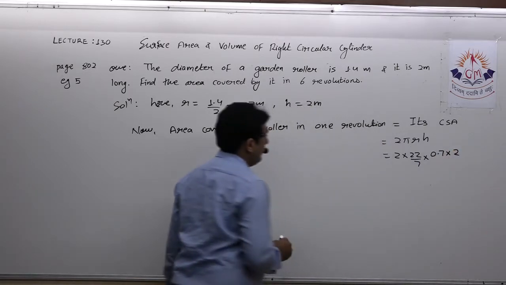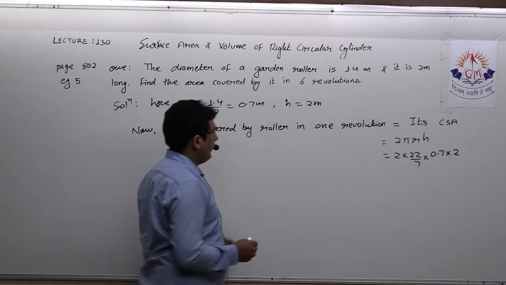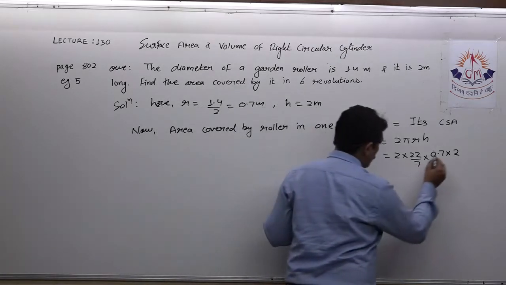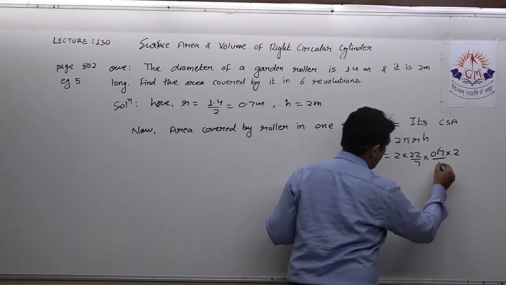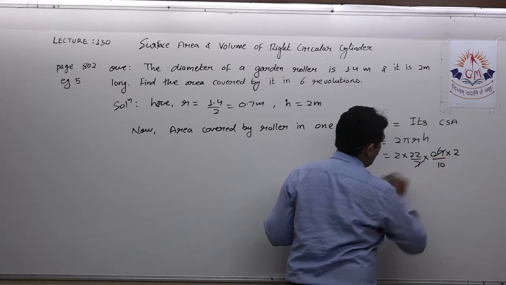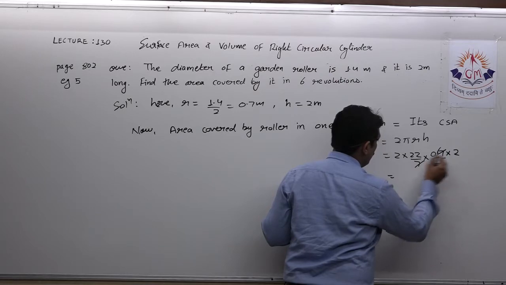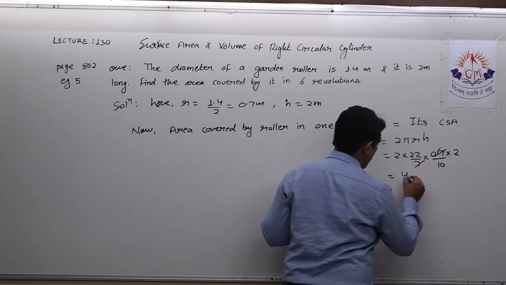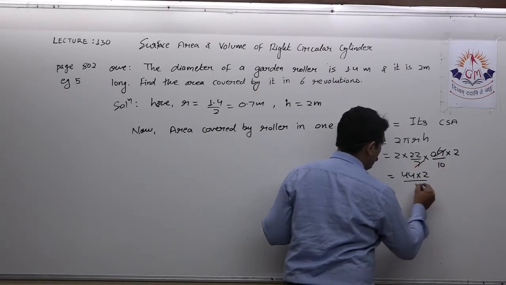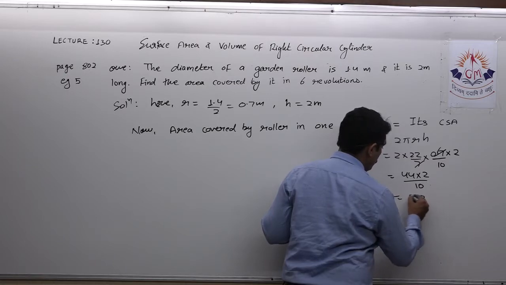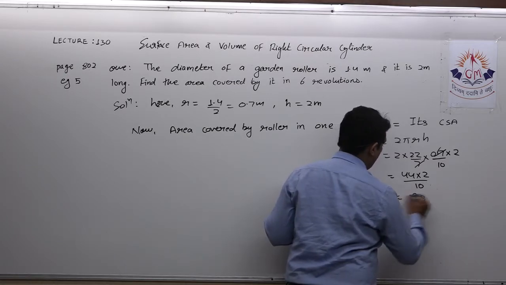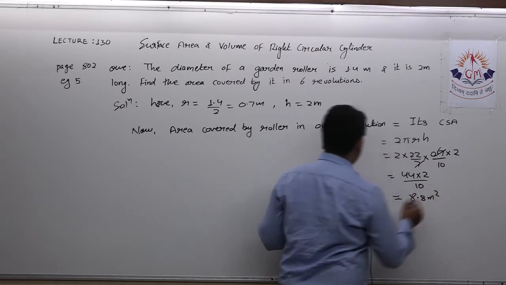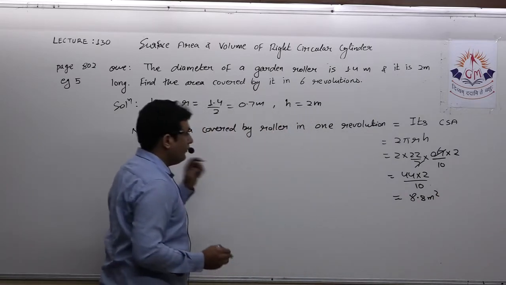Okay, 2 into 22 upon 7, r is 0.7, h is 2. So here I can remove this and write 10 over here, this 7 and 7 will cancel out. Now 2 into 22 into 2 is 44, 44 into 2 upon 10, so 8.8 meter square. Area covered in one revolution.